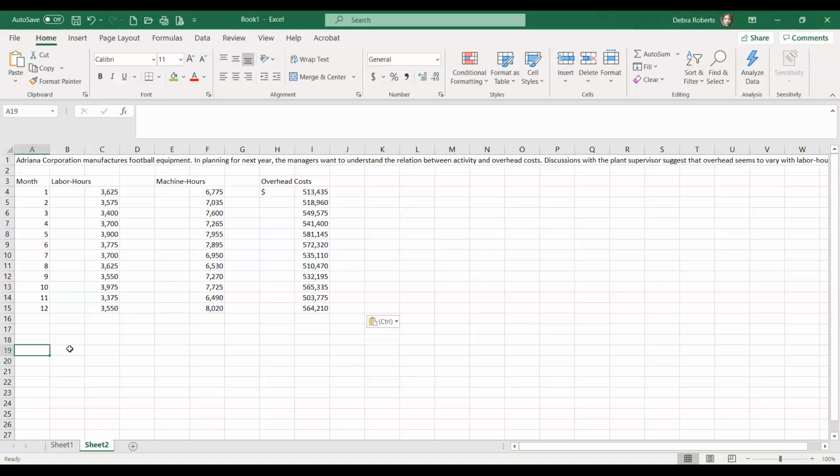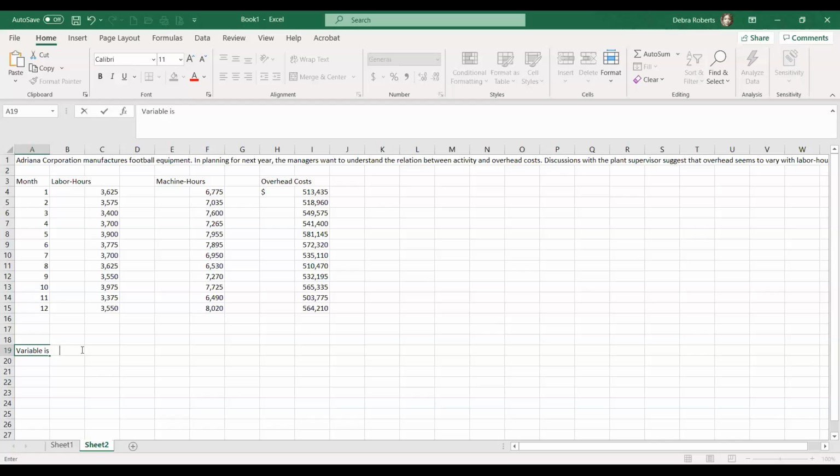All right. Now, we're going to use the high-low method. I'm going to go a little slower with this because there's a lot more data. The variable cost is equal to the net change in the highest and lowest activity, and in this case we're talking machine hours versus overhead cost.